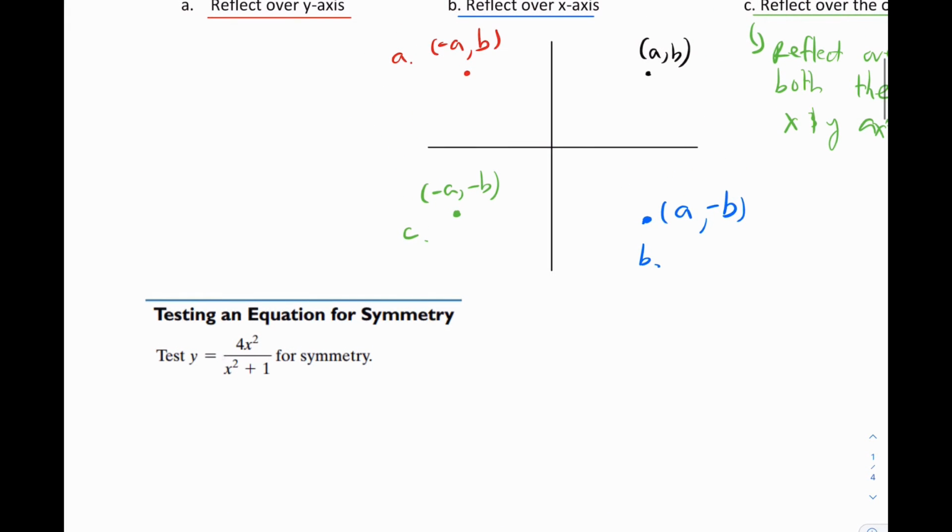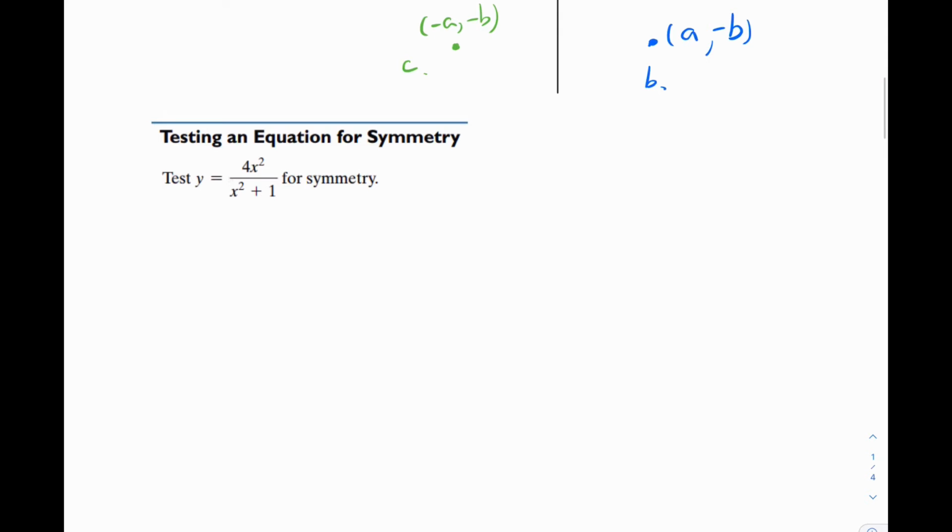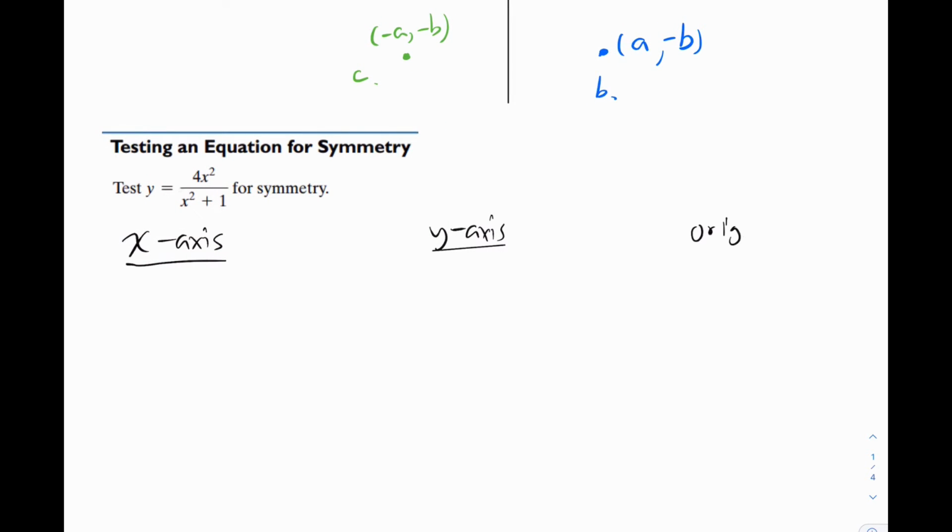Now we need to go over that to do this final part. We're going to apply what we just talked about to an actual function. There are 3 tests we're going to go over today. There is the x-axis symmetry test, the y-axis symmetry test, and then finally the origin symmetry test.